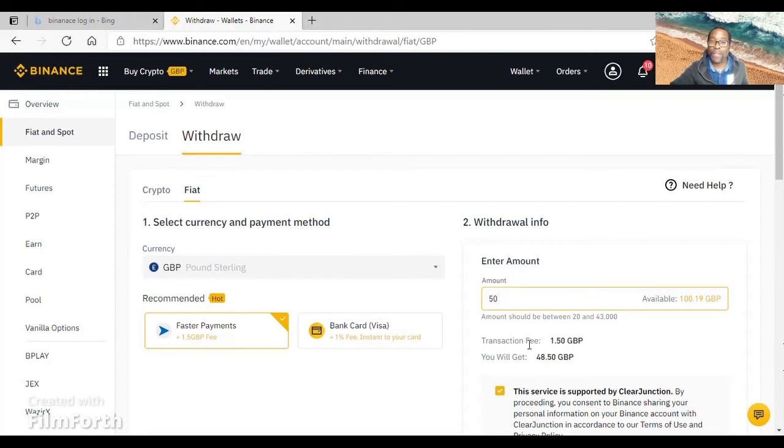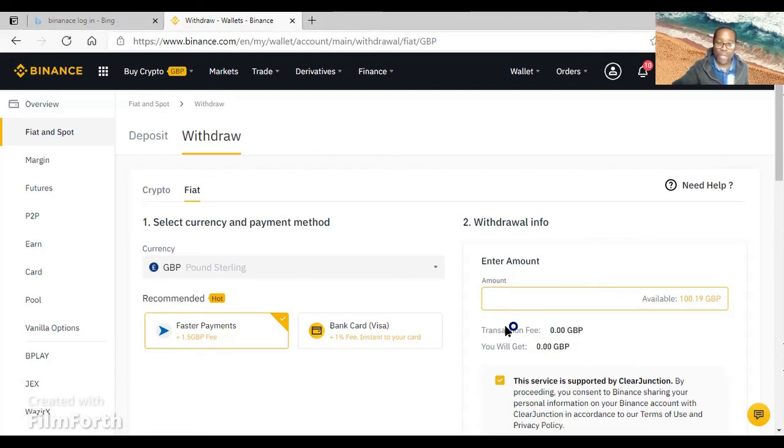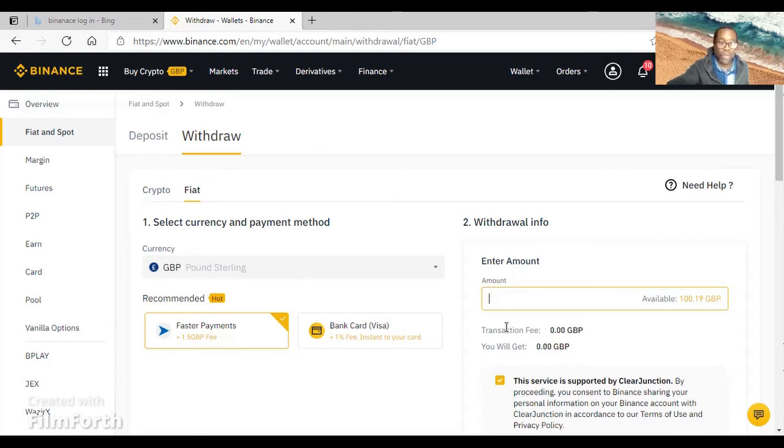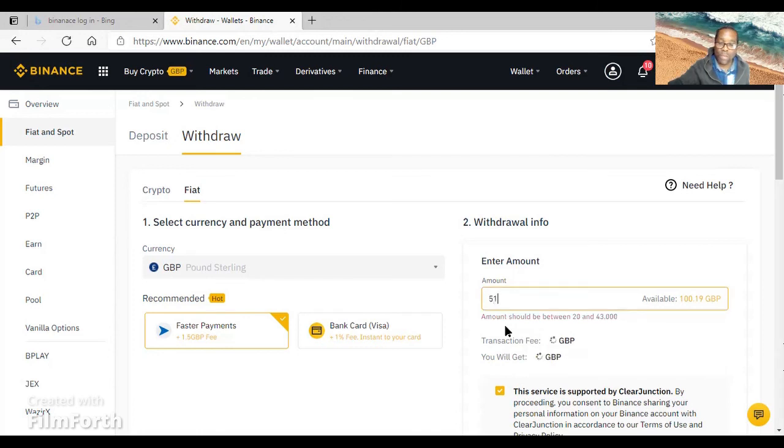If you take 50, then you have £48.50. What I normally do, if I really want a full number, is make it 51.50, so as to get exactly £50.